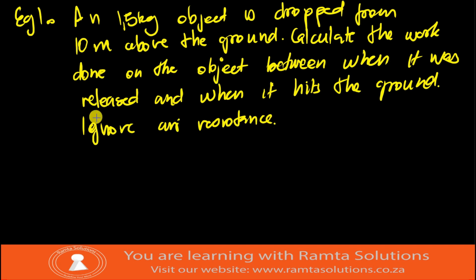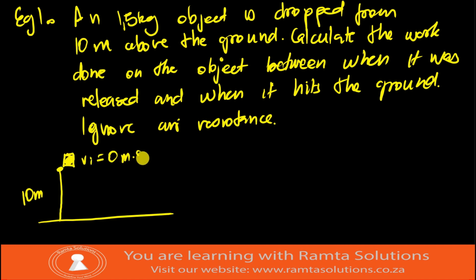Initially this is your object, this is the ground. So this was 10 meters, right? And because it was dropped, it means the initial velocity is 0 meters per second.